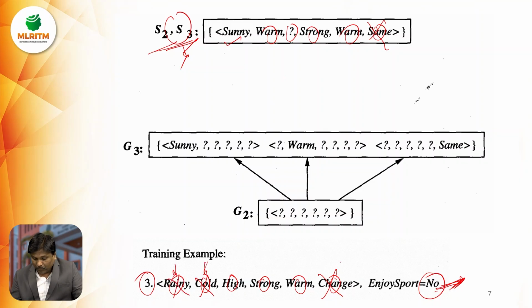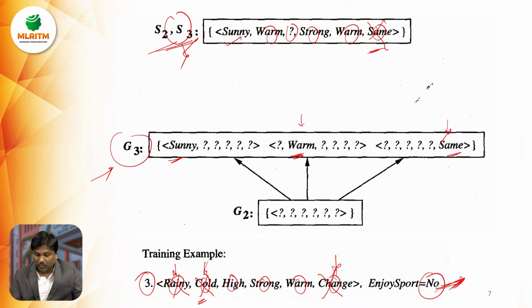So 1, 2, 3, these three instances or attributes are altered. So based on that, we can note down these general hypotheses. What are the values changed? Sunny is changed, and next one, yes, here warm is changed, and the third one, weather forecast, is changed.